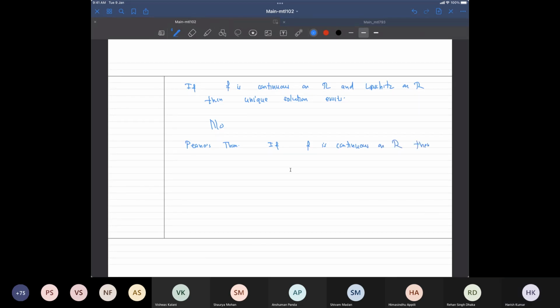then there exists a neighborhood of (t naught, x naught) where the solution exists.